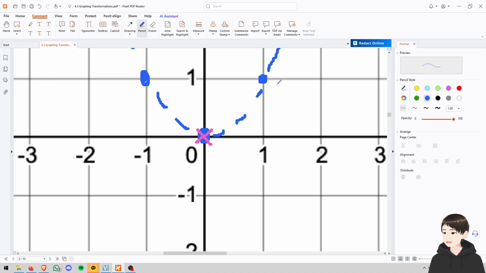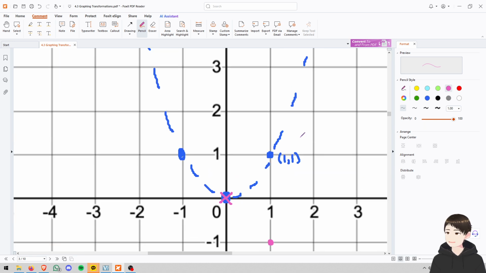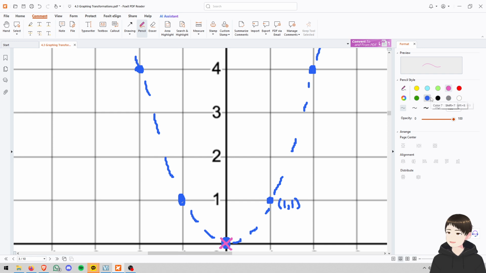Here, the point is 1, comma 1. My y value is 1. Multiply this by negative 1. Where is my new point? My new point is negative 1. You get me? Let's go up here. My next point in the parent function is 2, 4.